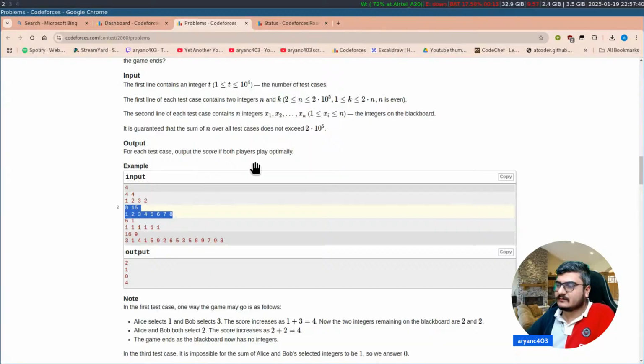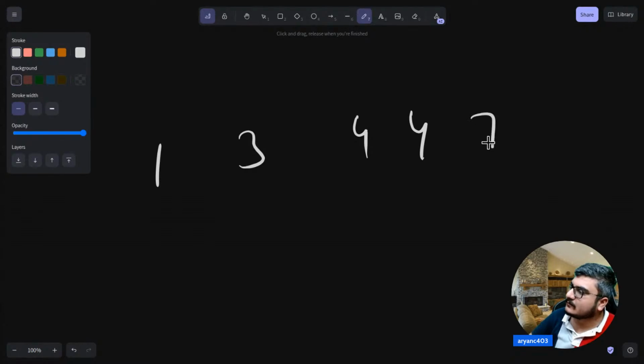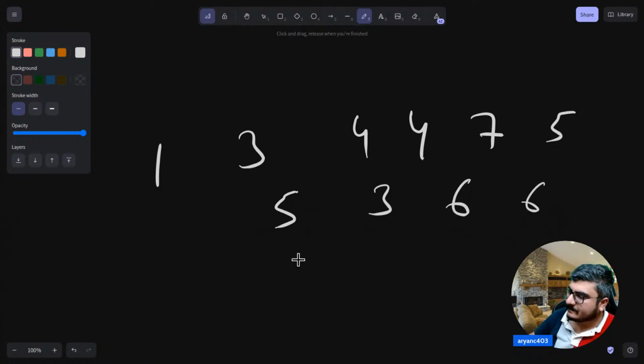Let's pick these numbers: 1, 3, 4, 4, 7, 5, 5, 3, 6, 6, 3, 3. Let's say these are the numbers. You have 1, 2, 3, 4, 5, 6, 7, 8, 9, 10, 11, 12 numbers. And let's say k is equal to 8.